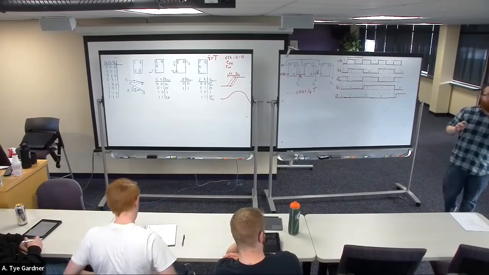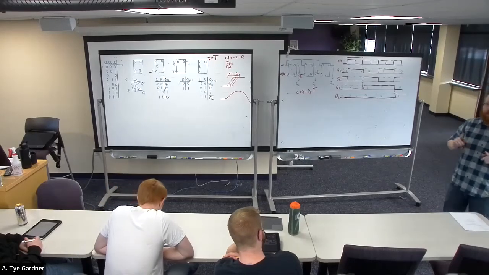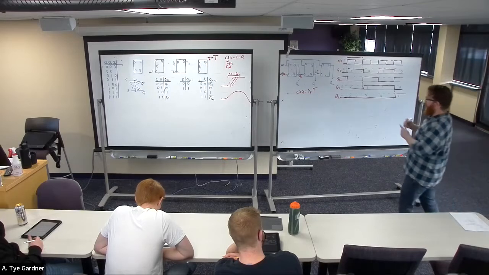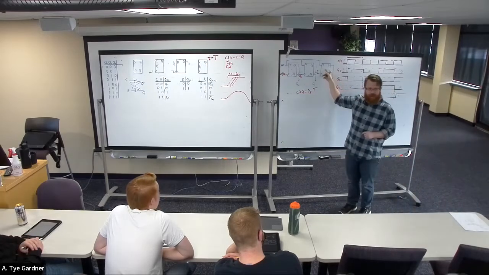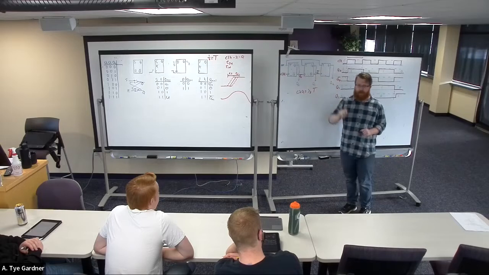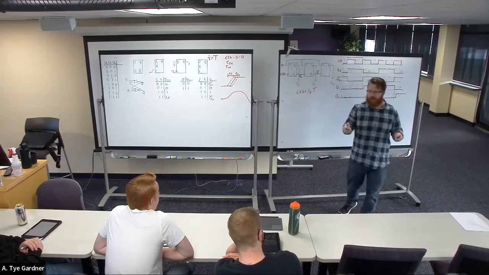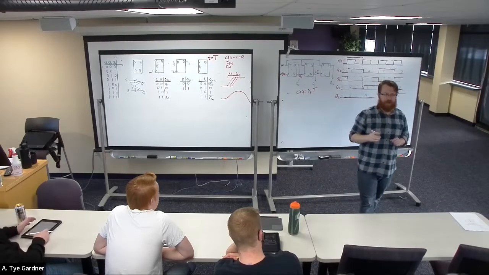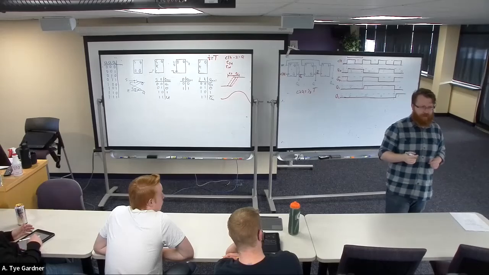This is what's called an asynchronous counter. It's asynchronous, despite the fact that each of these devices are synchronous devices, right? They're clocked. The fact that they don't share a common clock, they each have their own clock, means they're asynchronous. They're not timed together.